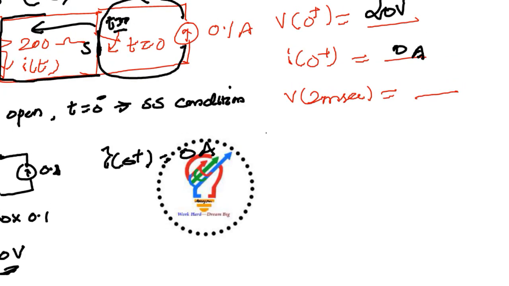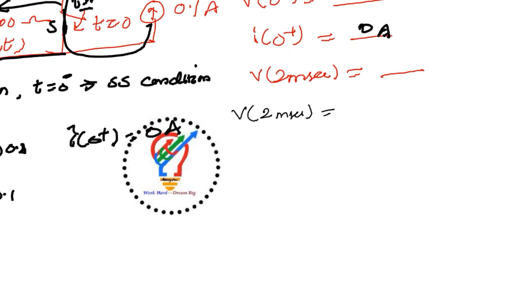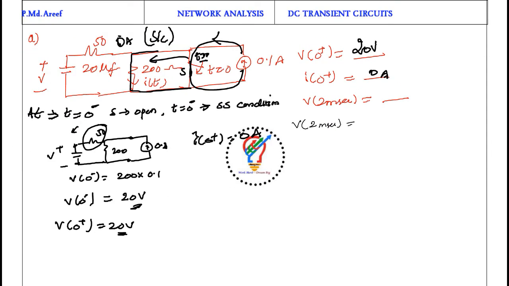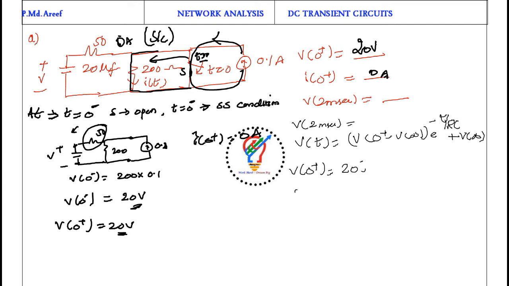Generally the formula that we are going to use here is V of t is equal to V of 0 plus minus V of infinity into e power minus t by RC plus V of infinity. So what is V of 0 plus? V of 0 plus is nothing but 20. What about V of infinity?